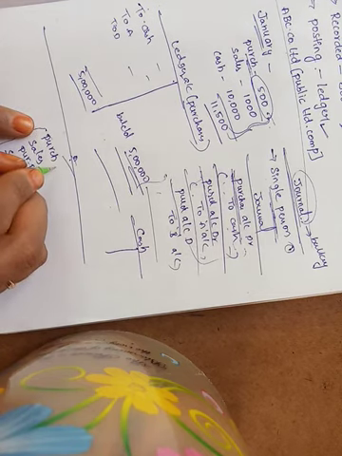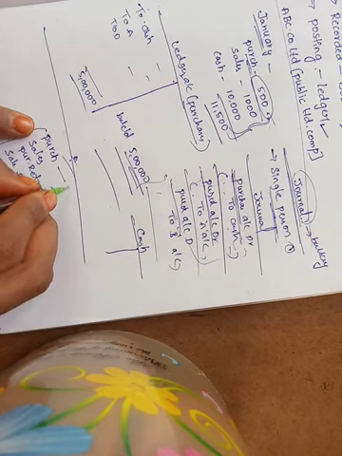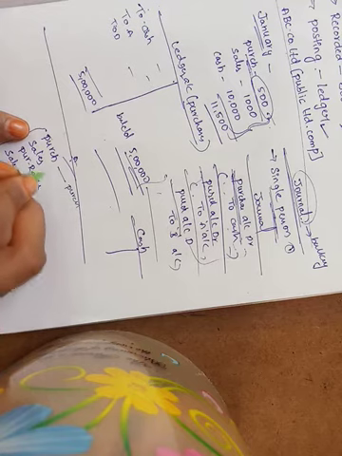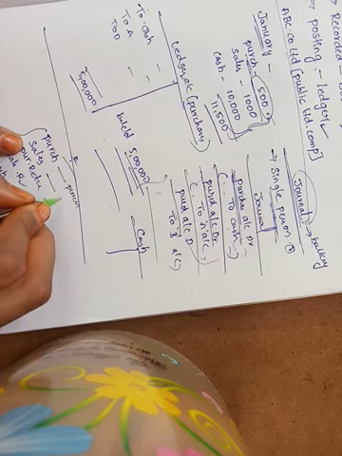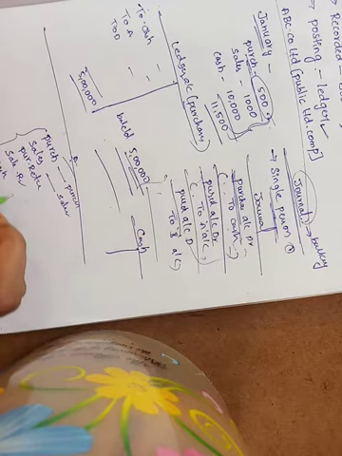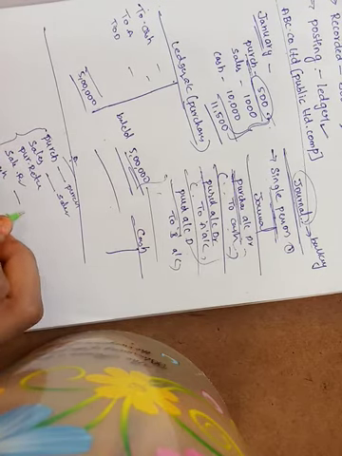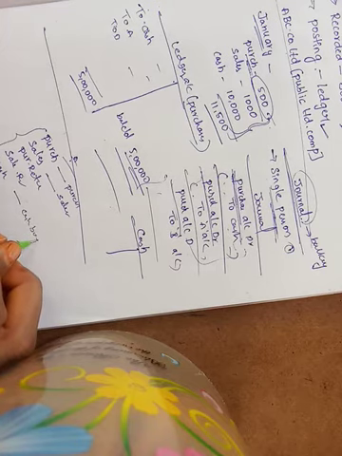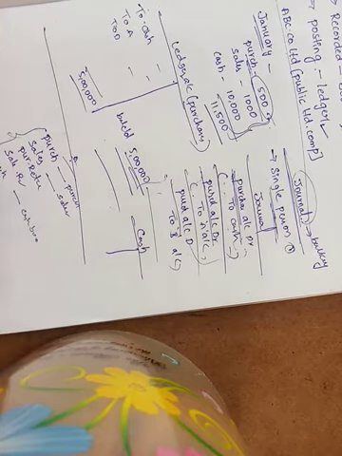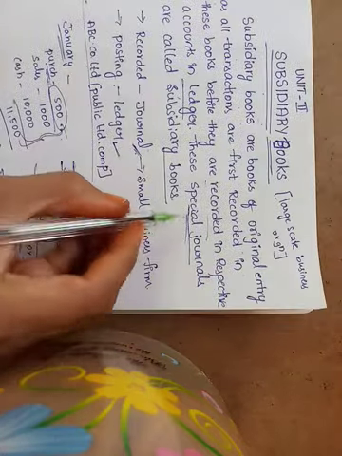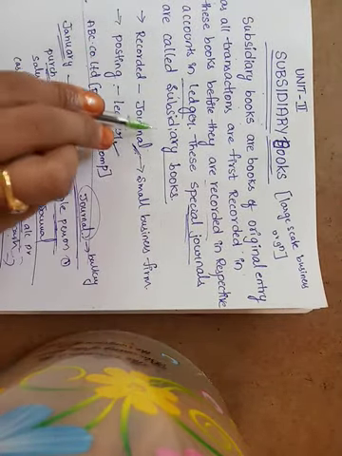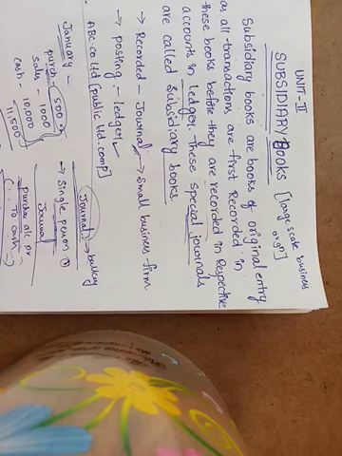For purchase transactions we prepare a purchase book. For sales transactions we maintain a separate book, that book is the sales book. For cash transactions we maintain one book, the cash book. Like this we maintain several types of books, so those special journals are called subsidiary books.